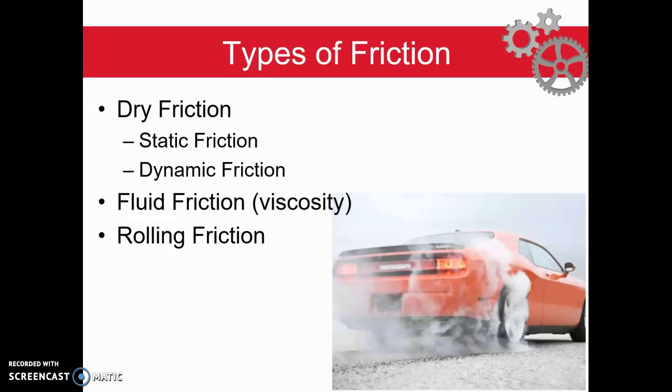And so oftentimes engineers want to maximize efficiency or minimize the rolling friction between surfaces. For instance, that could improve fuel efficiency in a car if you had tires with a low rolling friction.